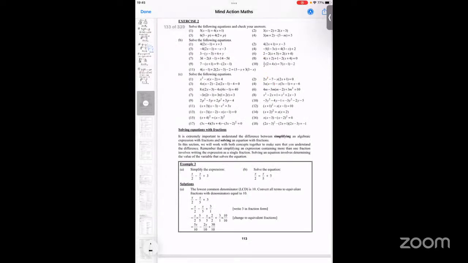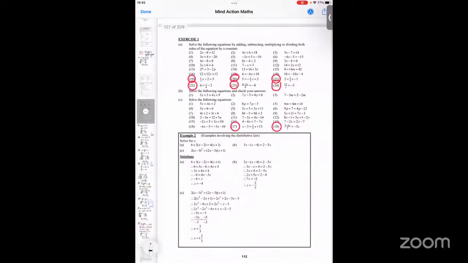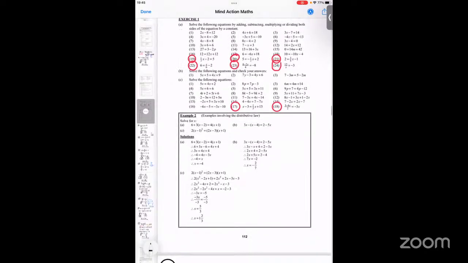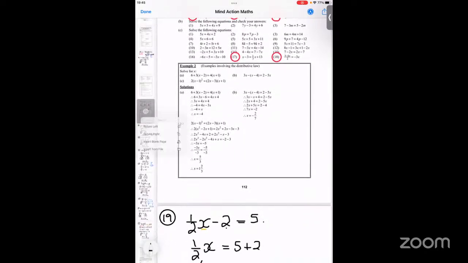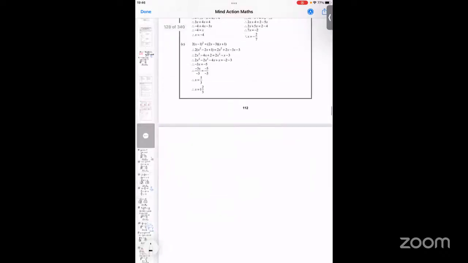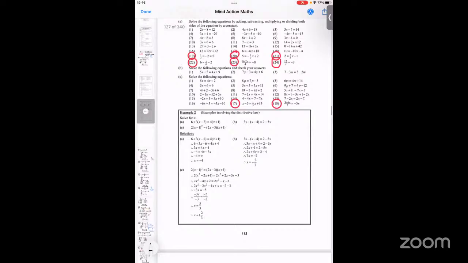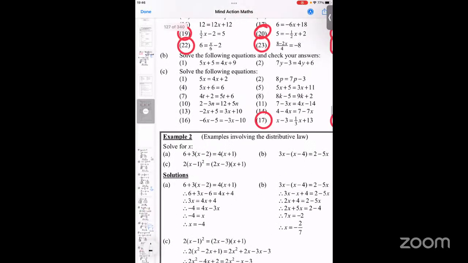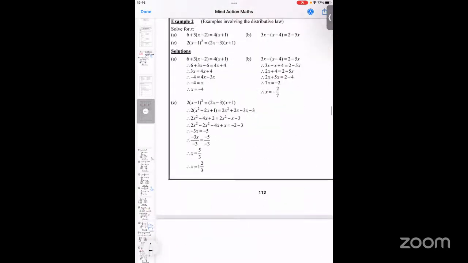Let me move on to 1.1.2. Yes, I want to now move on to the examples, you see this A, B, C. That's where I'm moving on to.